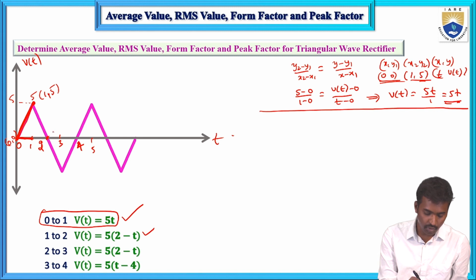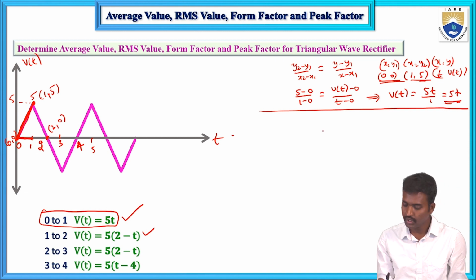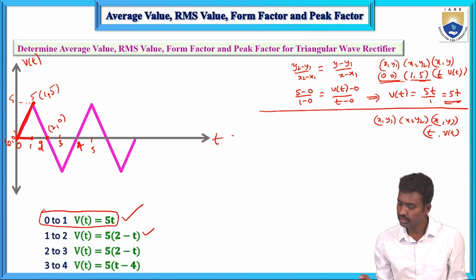Now for the second one, this point on the x-axis has y coordinate 0, so 2 comma 0. Now x1 y1, x2 y2, x and y, t and v of t. Here x1 y1 is 1 comma 5, and x2 y2 is 2 comma 0.